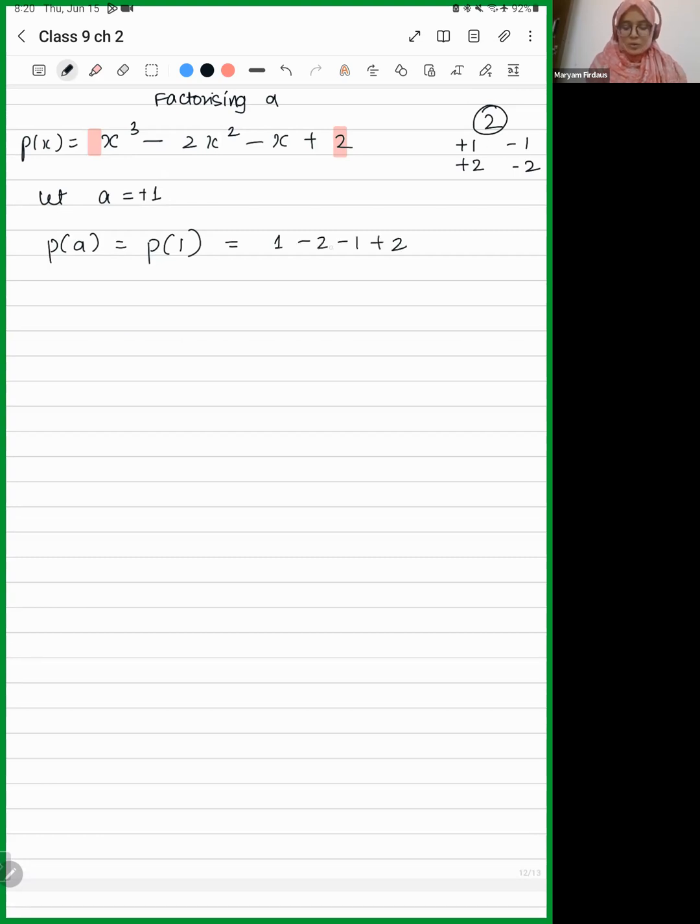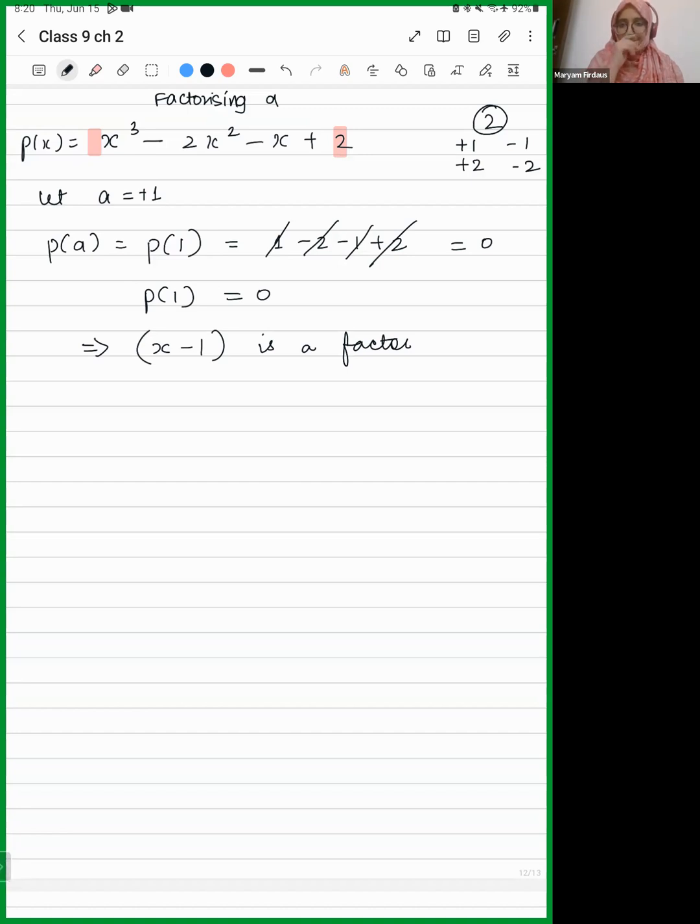So minus 2 plus 2 cancelled, plus 1 minus 1 cancelled. So we're getting 0. That means P of 1 is 0. That implies x minus 1 is a factor. Is that okay? Yes. x minus 1 is a factor.